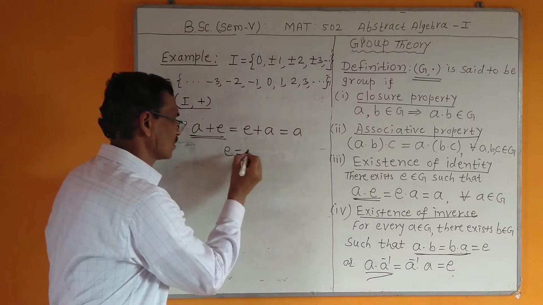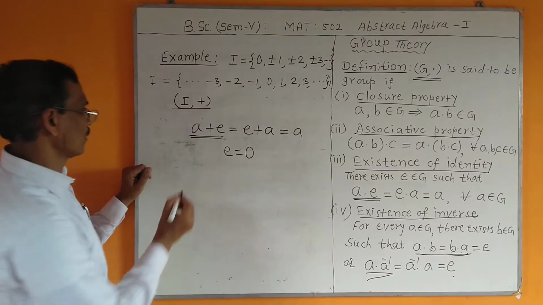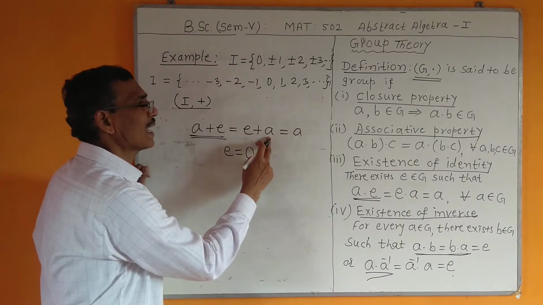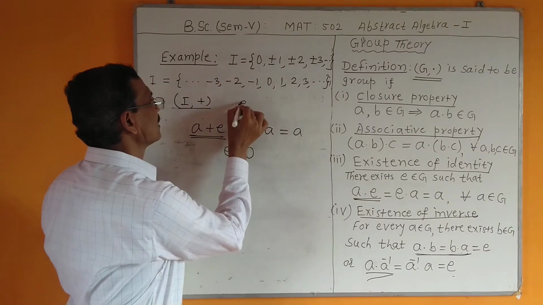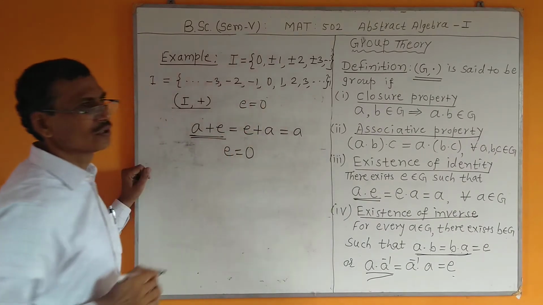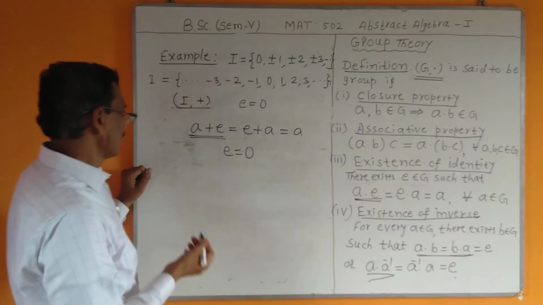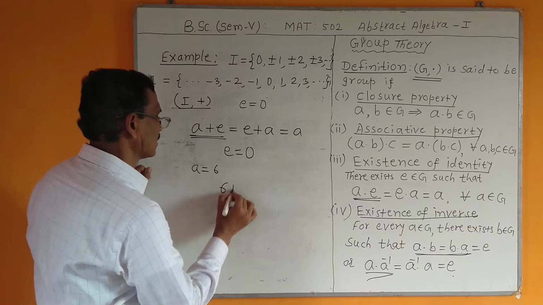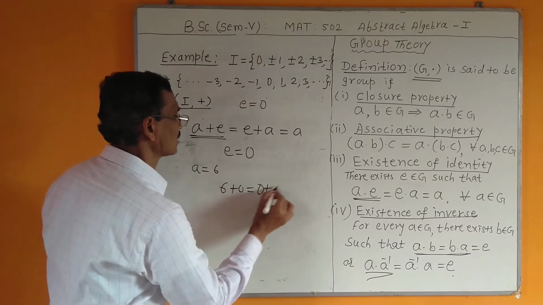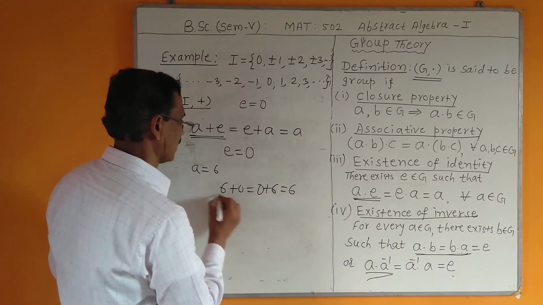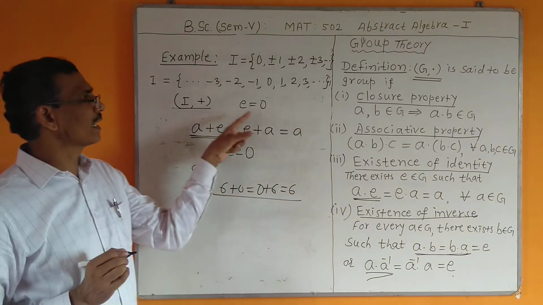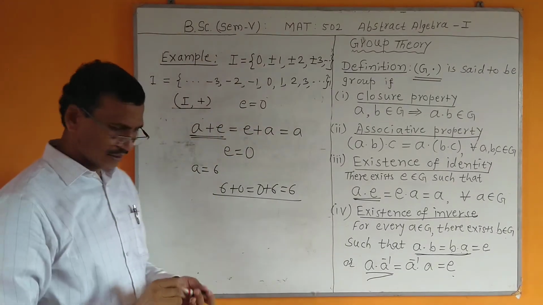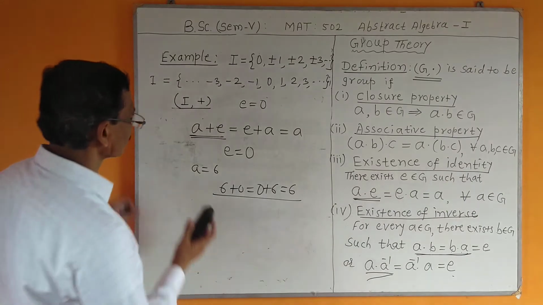Clearly e is equal to 0. We know that a + 0 = a, and 0 + a = a. That means in this case e is equal to 0. In a particular case, if you consider a equal to 6, then 6 + 0 = 0 + 6 = 6. That means the identity element 0 exists in I. 0 is an integer. The third condition is also satisfied.